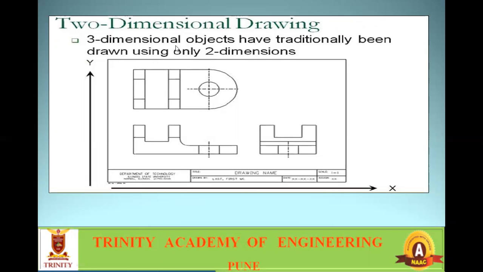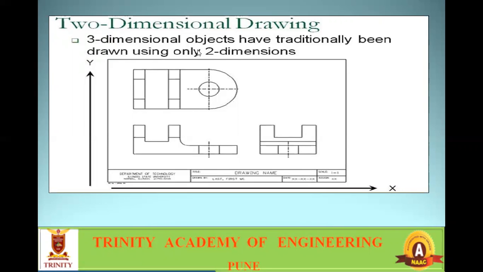So three-dimensional objects you drew in the traditional way using only two dimensions. You can observe here the department is written, drawing name, your name, scale, then first angle or third angle projection, whatever details you inserted on the sheet.